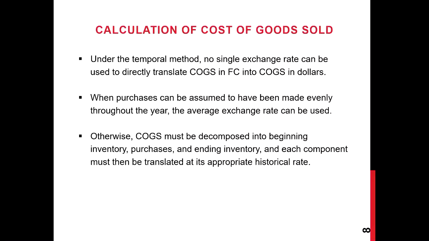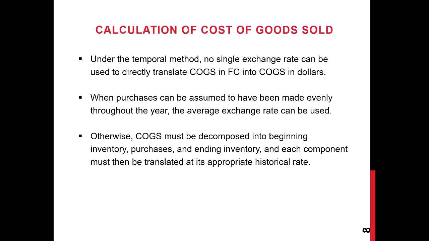Now, Matt, you are doing it, all are with me. My question is, I'm following the temporal method. I have to convert the cost of goods sold, and for the temporal method, cost of goods sold will be converted by using the historical rate.